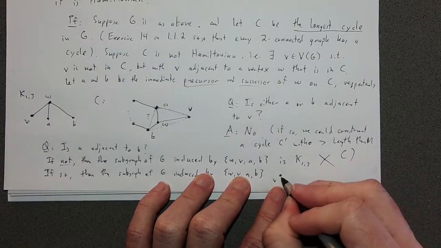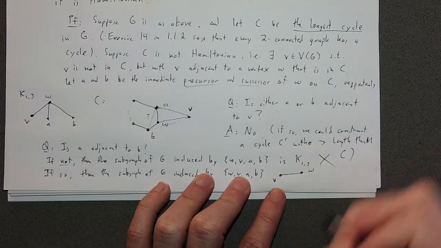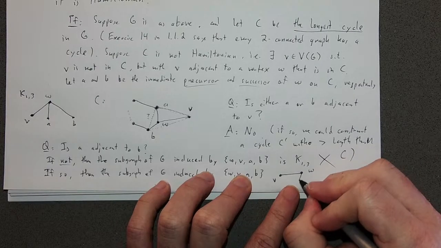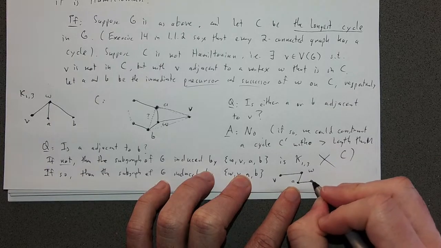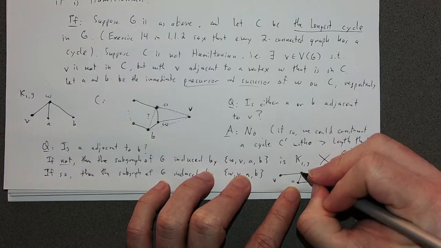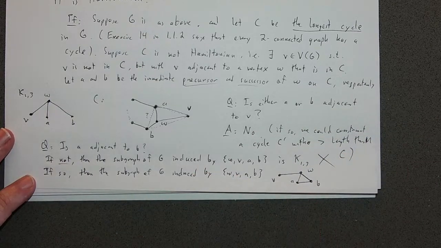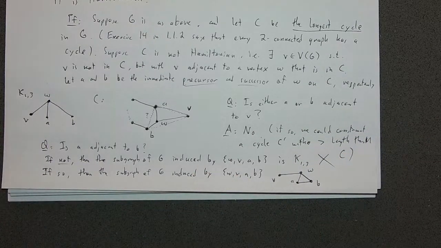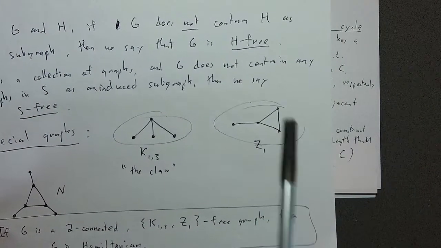Here's V, here's W, here's A, here's B. But what is that? What does that induced subgraph look like? It's Z1.